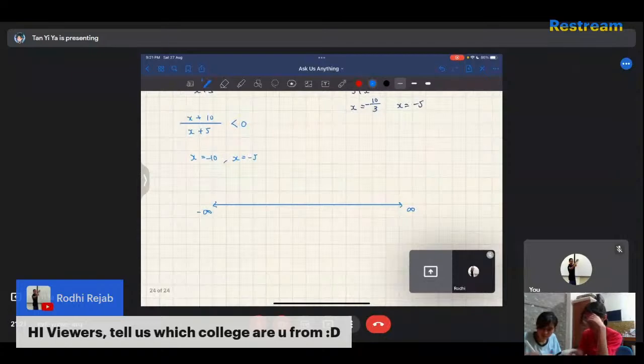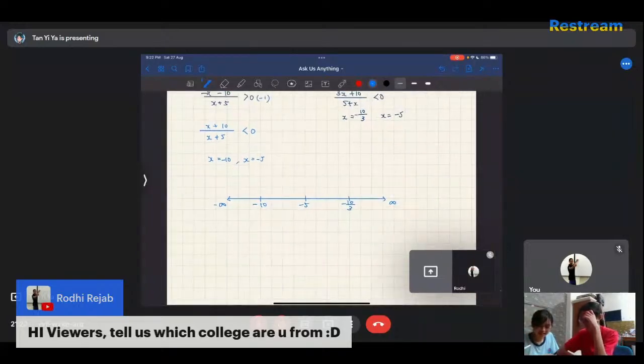So -5. No, this is already wrong. -5, -10, -5. This 10/3. Then smiling graph we can. So this part will be 5, -5, and also this.